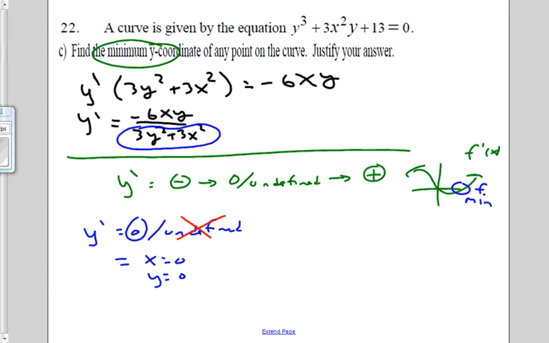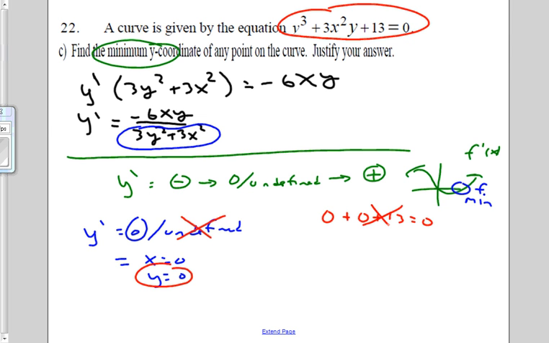Let's think about it this way. We can eliminate this y equals 0, because if we plug y equals 0 into the original equation, we'd get 0 plus 0 plus 13 equals 0.